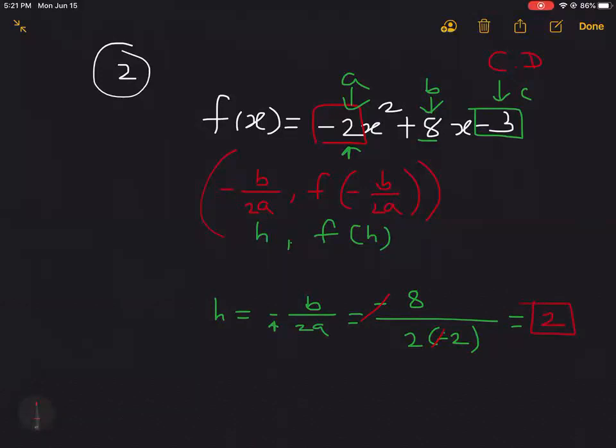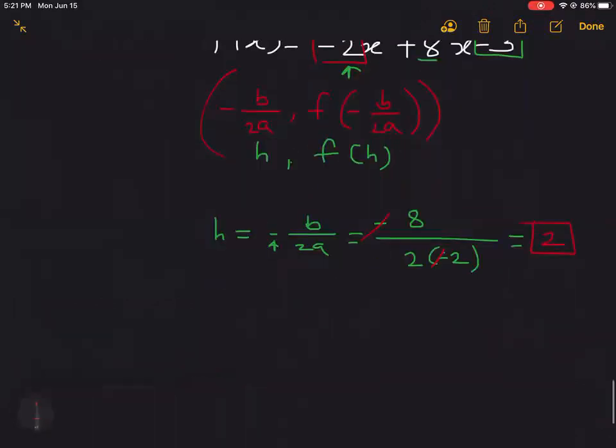And we want to see the functional value there as well. That's actually our k. We don't need to define that anyway, but if you want, you can write that as k, because that's the functional value.